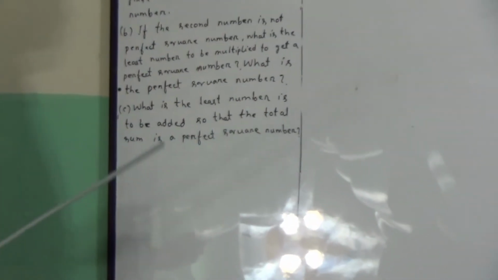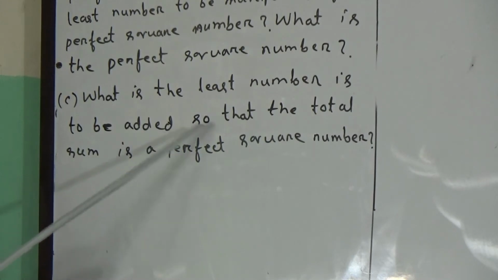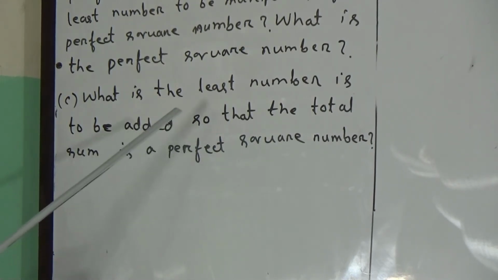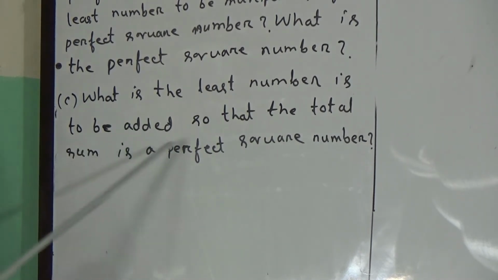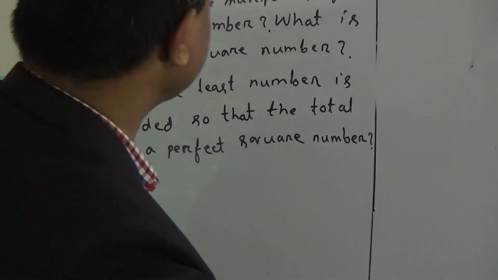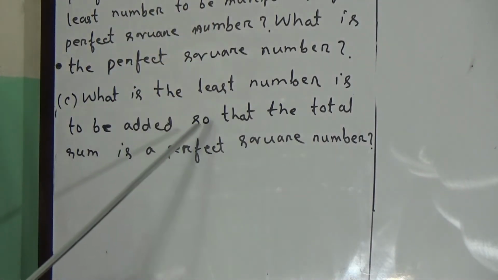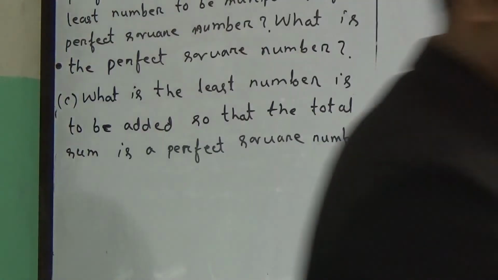Here the question is, what is the least number to be added so that the total sum is a perfect square? What is the least number to be added with second number so that the total sum is a perfect square?